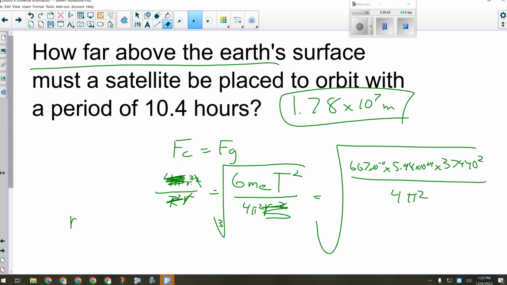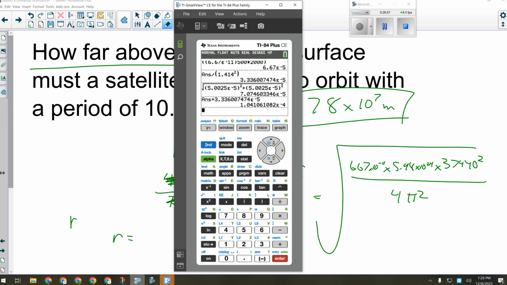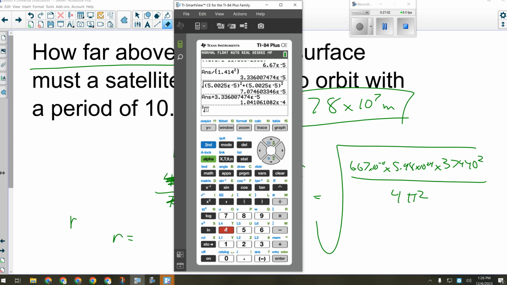Probably. Okay? So, when I do that, that's going to give me the radius, the orbital radius, which is not the final answer. So, when we're punching that in, we'll have the cube root. So, math 4. Okay?